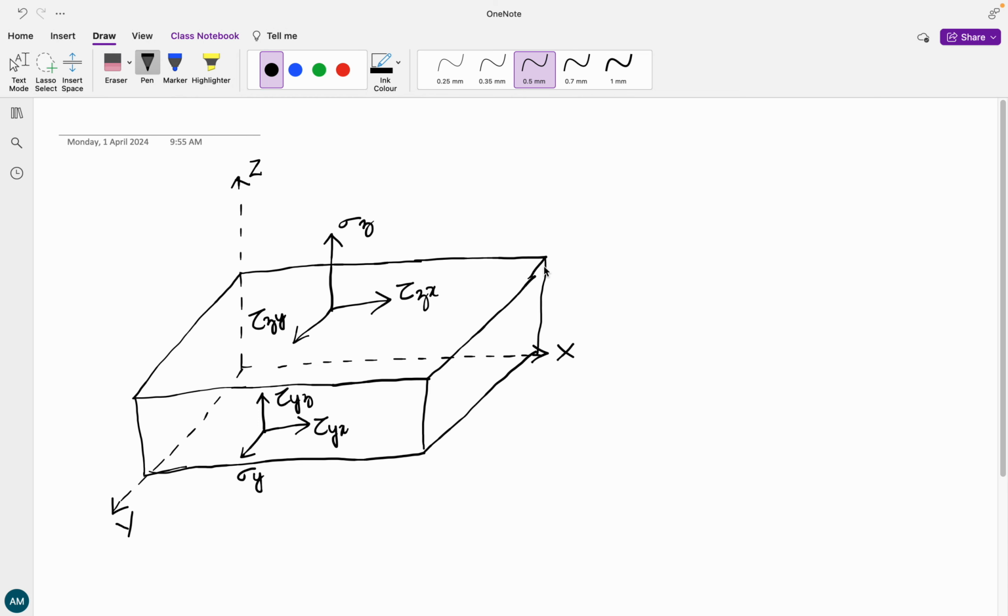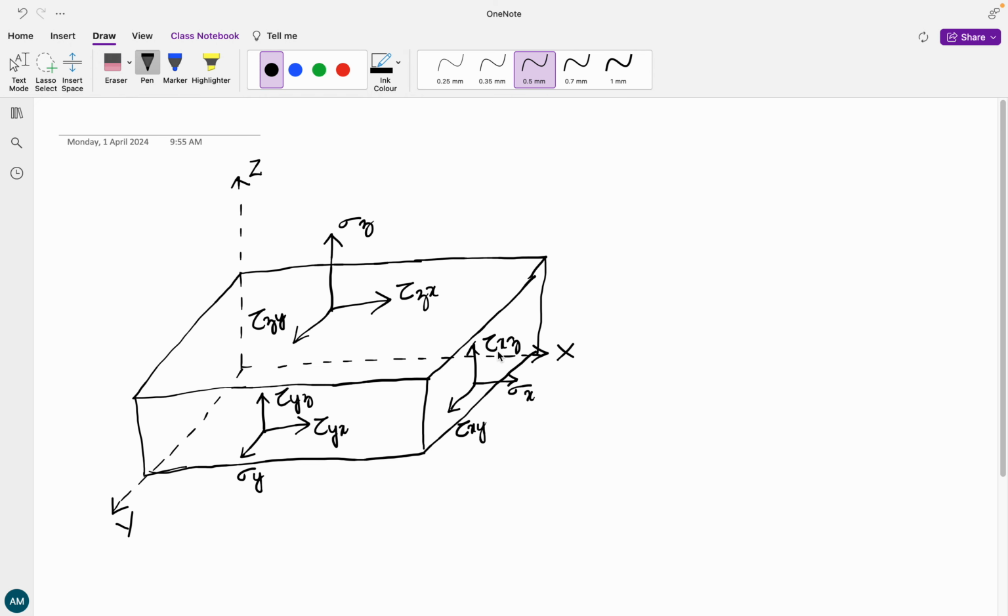Next, I'm going to write the stresses for this particular face. First draw your arrow marks or stresses parallel to your respective axis. This is obviously sigma x, then tau xy, and then tau xz.